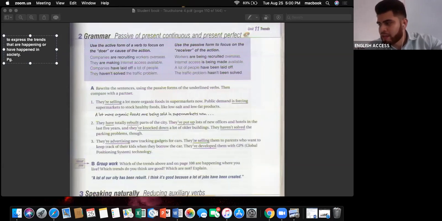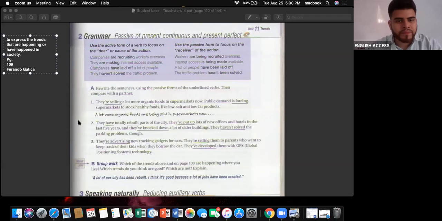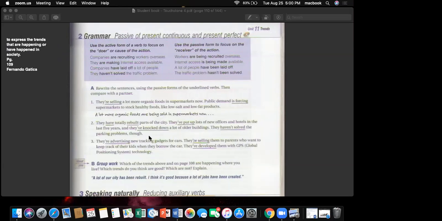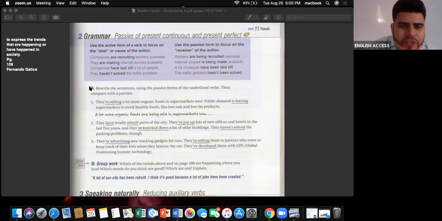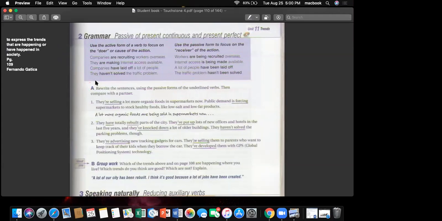That is the objective today. All right, Jackie and Andres, are you on this page? Yes. Jackie, could you read the instructions for 2A? Rewrite the sentence using the passive forms of underlined verbs, then compare with a partner.